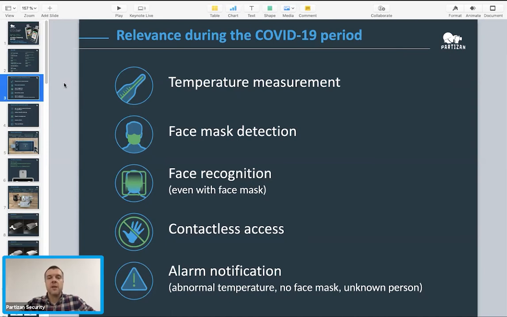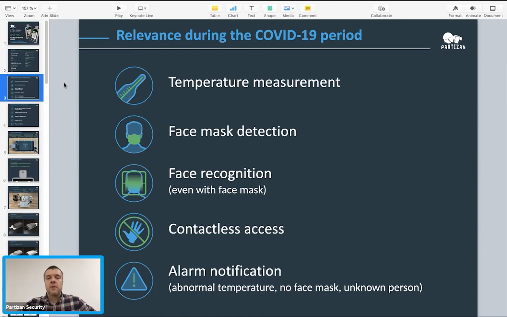You can also do face recognition, which is important, and it works both without a face mask and with one. The device recognizes you by the upper part of the face, so even if you are wearing a face mask, it won't affect the face recognition algorithm.